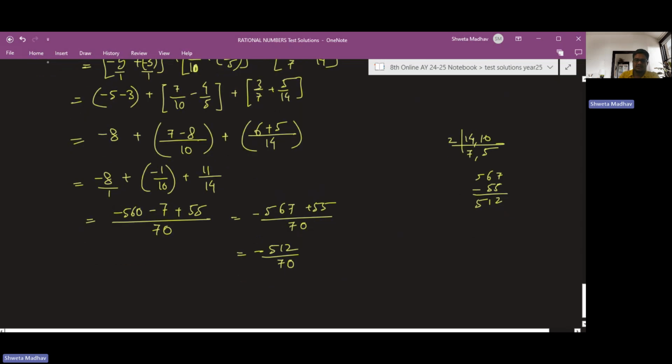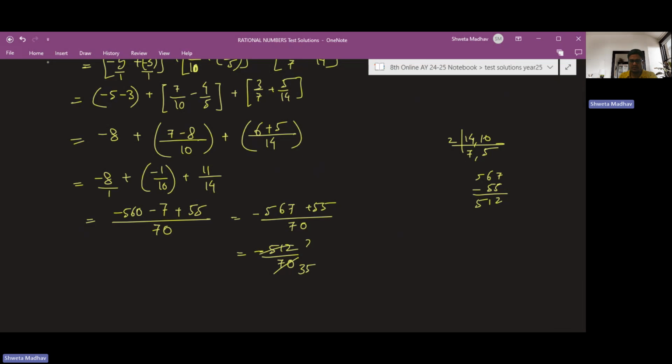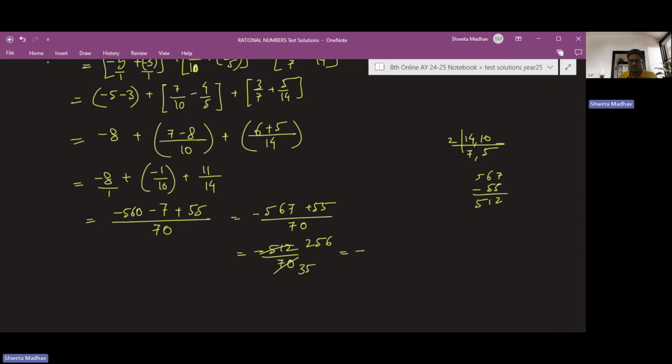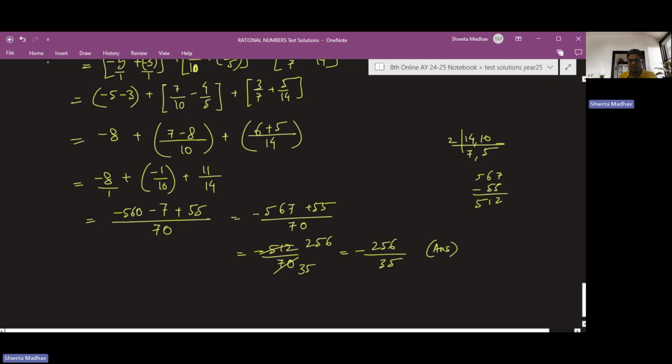Now we can cancel out by 2, since 2 is a common factor here. So 2 3s are 6, 2 5s are 10, and 512 divided by 2 is 256. So therefore, minus 256 divided by 35. So this is the required answer. Or if we want, we can further simplify it.